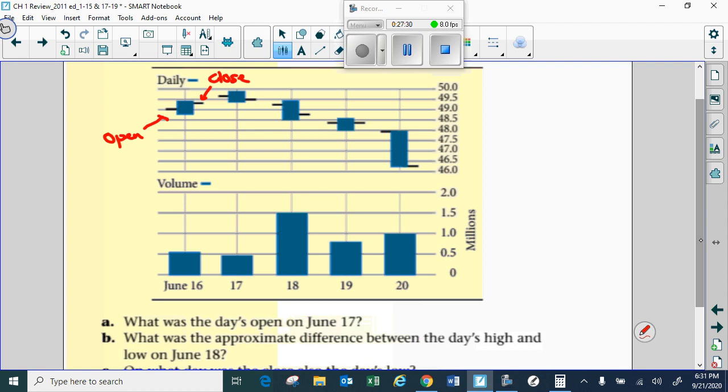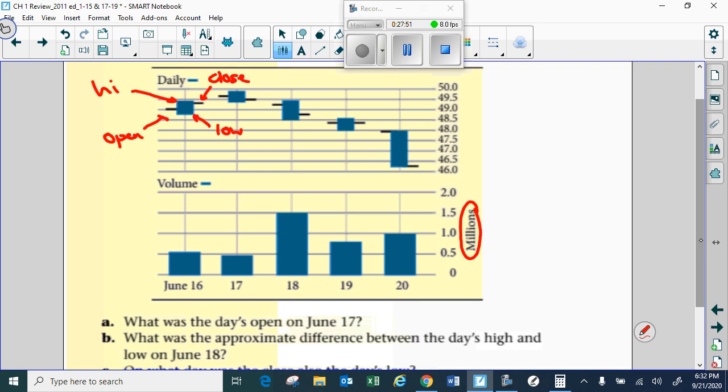So this would be the high. This would be the low. And down here's volume again for amount sold, and each one of these is times 1,000,000. So this would be 500,000, 1,000,000, 1.5 million, and 2 million on those particular days.